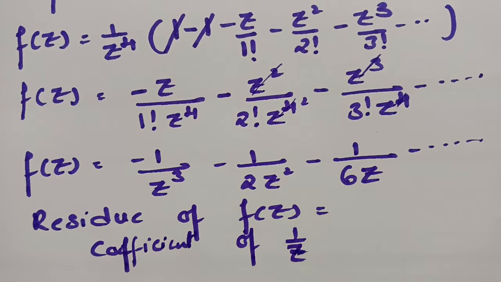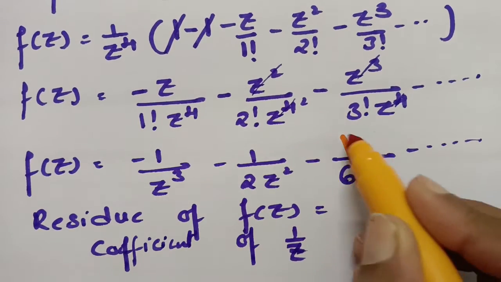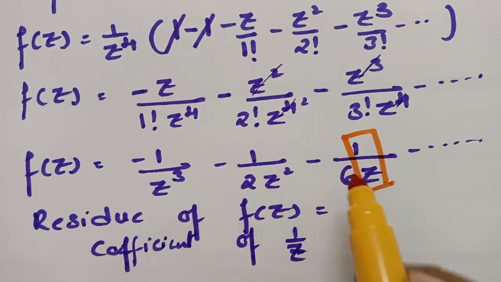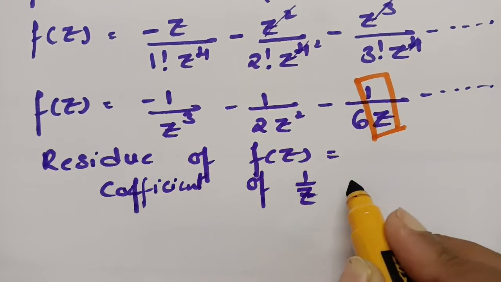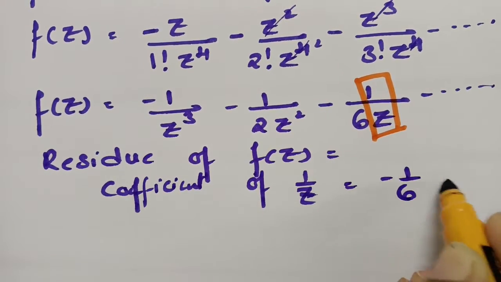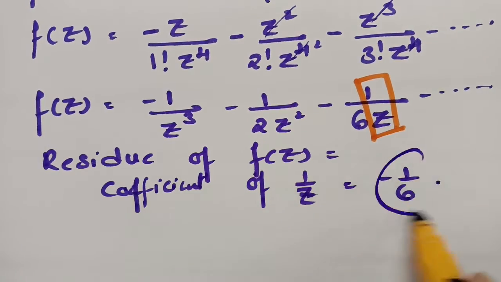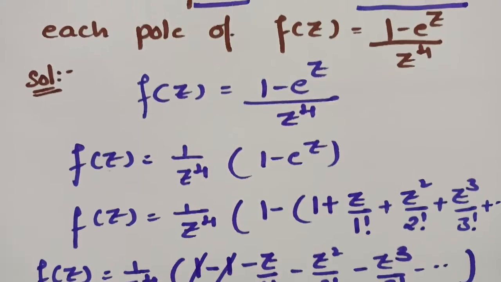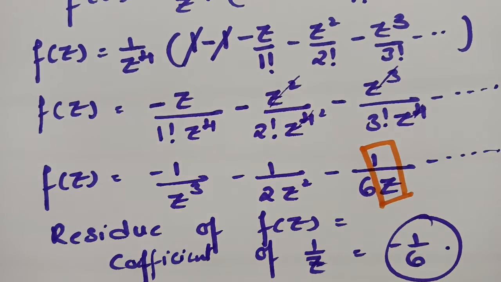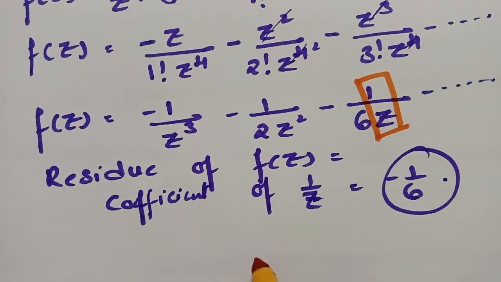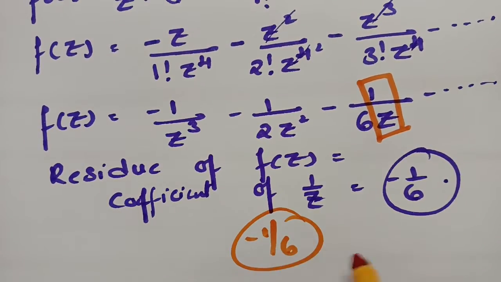So what is the coefficient of 1/z in this expansion? So here is 1/z, and the coefficient is nothing but -1/6. So the value here, -1/6, is the residue value corresponding to the function f(z) = (1 - e^z)/z^4. So this is how we have to do this. The residue value for this function is -1/6.